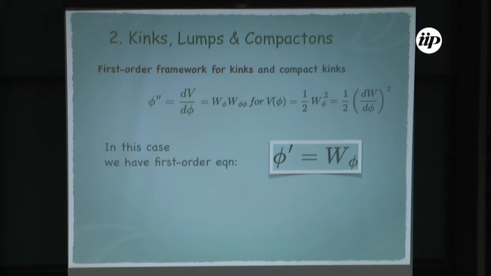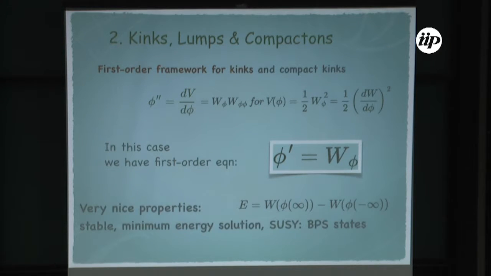Perhaps people from string theory may like this. So you can use the supersymmetry and everything is a bit easier. You can do this for kinks, for compactons. You cannot do this for lumps, because lumps are different. They are unstable. These are stable. You can prove in general that the solutions are stable, etc.